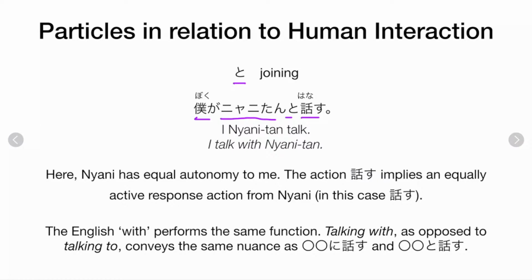And if you look at the difference, for example, if you said nyani ni hanasu and nyani to hanasu, it's the same difference that exists if in English you said talking with and talking to. Talking to would be nyani ni hanasu. I told him this, so I talked to him about it, right? Nyani ni hanashita. I told Nyani about this. Versus Nyani to hanashita is I spoke to Nyani, we talked to each other.